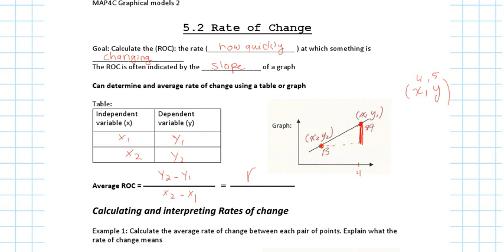And if I'm looking at the difference in the x, that's the run. And that's why it is rise over run. Okay? So the formula that you want to remember is y2 minus y1 over x2 minus x1. No matter how the graph looks, you can find the rate of change between 2 points. As long as you have 2 points, you can do that.